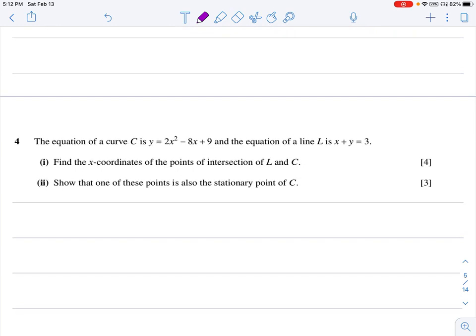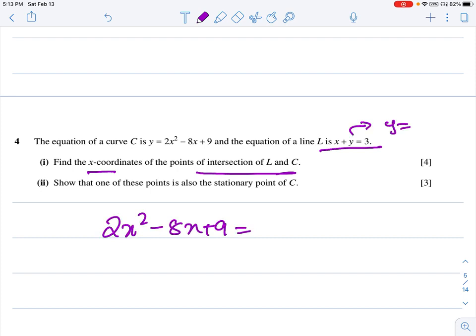The equation of the curve is y equal to 2x squared minus 8x plus 9 and the line. Find the x coordinates of the point of intersection of these two. So we have to do point of intersection. 2x squared minus 8x plus 9 should be equal to, from here if I get the y value, 3 minus x. So it becomes 2x squared minus 7x plus 6 is equal to 0.